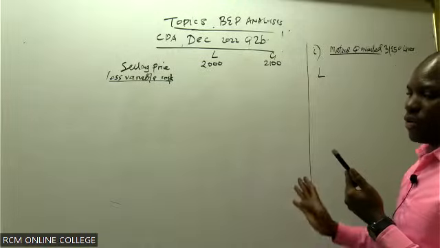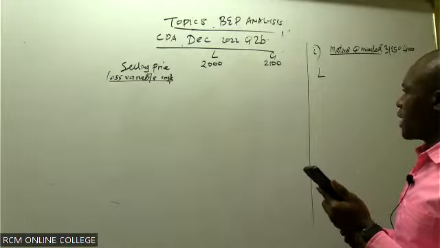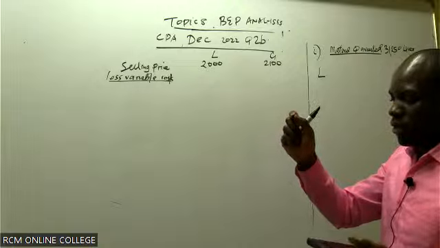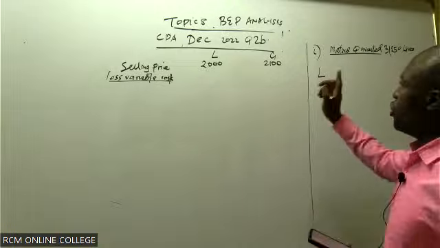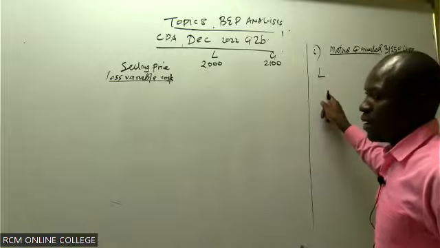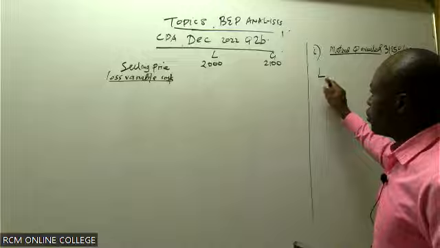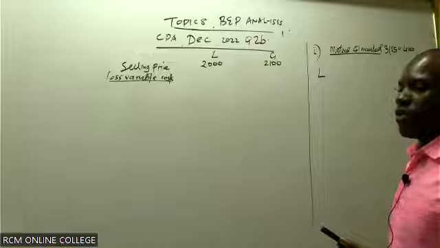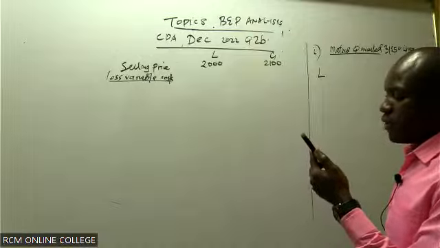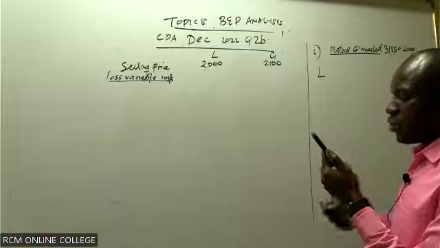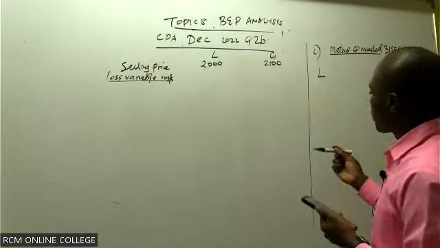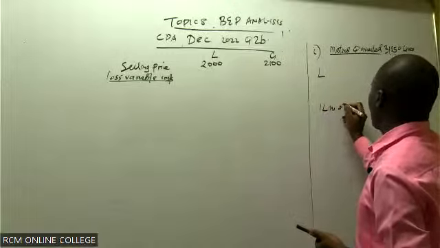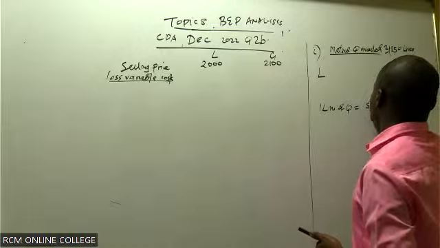Watu wote wameniangusha. What did we say? What you are given there is the cost of material Q used to produce 1 unit of L. Lakini liters required to produce 1 unit of L is not 200. Look at what we are given there. First of all, direct material Q, the cost per liter is shillings 25. So 1 liter of Q is equivalent to shillings 25.